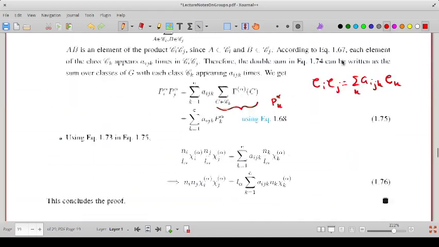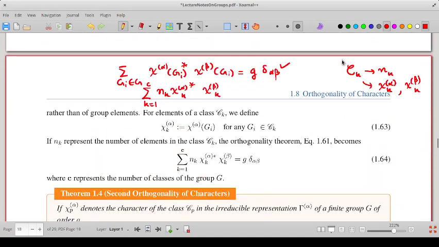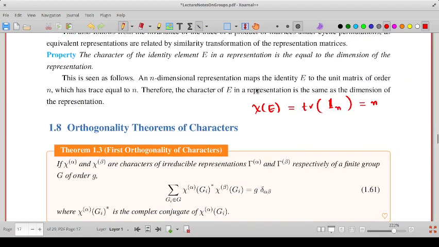So this was the orthogonality theorem for the irreducible representation matrices.